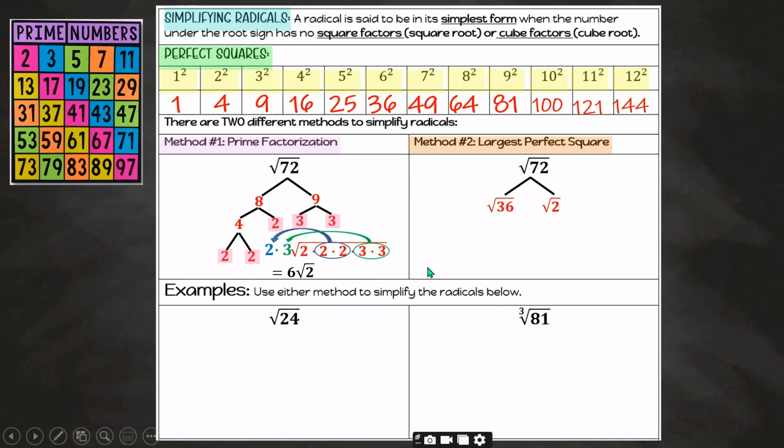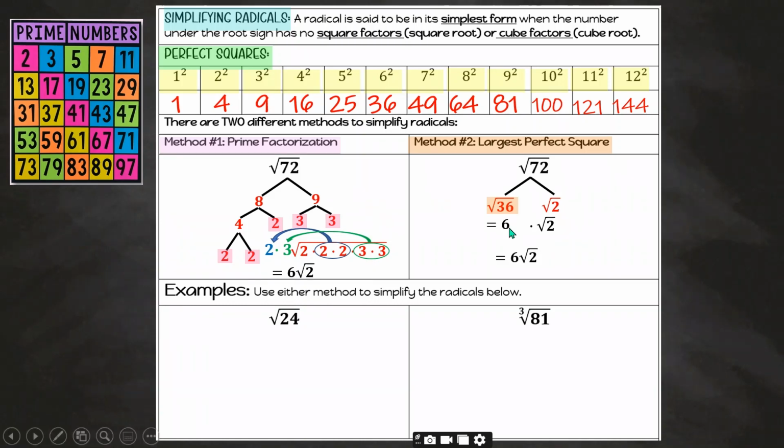The reason I'm leaving 36 underneath the radical sign is because you should be able to identify 36 as a perfect square, and the square root of 36 is equal to 6. So since the square root of 36 is 6, and I still have the square root of 2, I'm just going to have 6 square roots of 2.